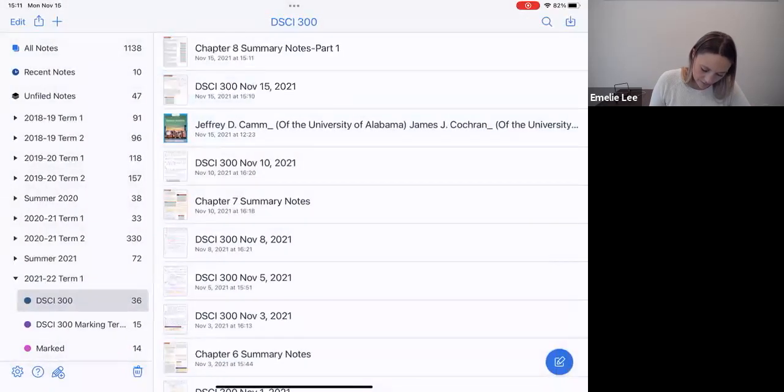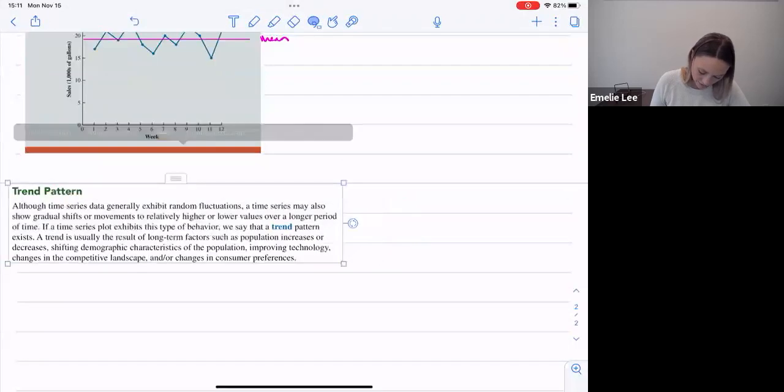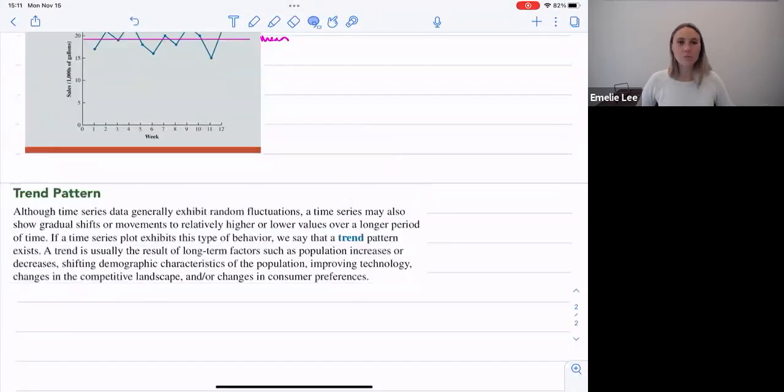You're probably familiar with a trend pattern, and I feel like you would pick up on a trend pattern and maybe even call it that without knowing explicitly what it was.